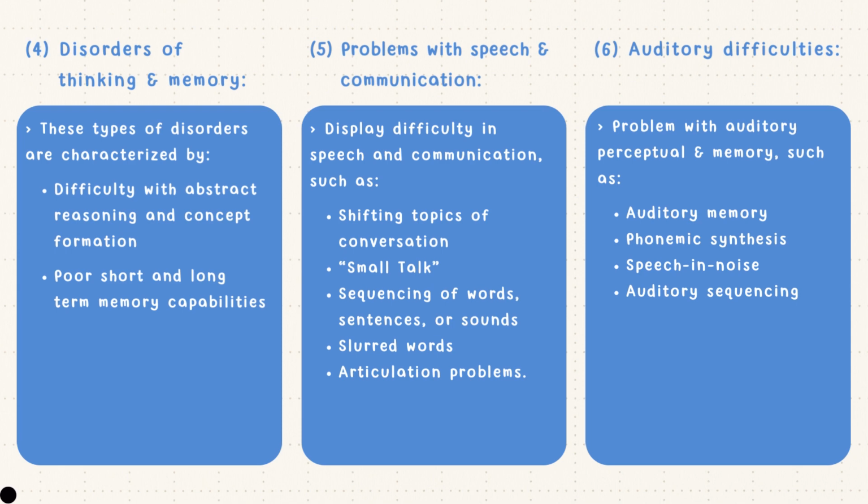So for problems with speech and communication, they display difficulty in speech and communication, such as shifting topics of conversation, small talk, sequencing of words, sentences or sounds, slurred words, and articulation problems. The next one, auditory difficulties, is problems with auditory perceptual and memory, such as auditory memory, phonemic synthesis, and speech in noise.